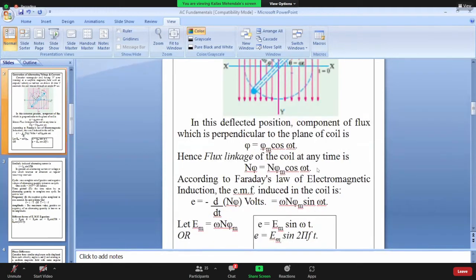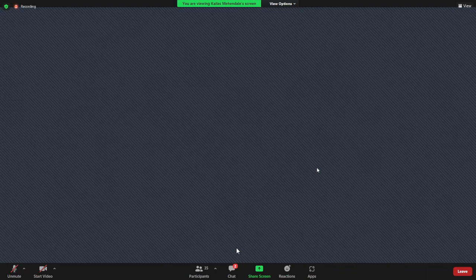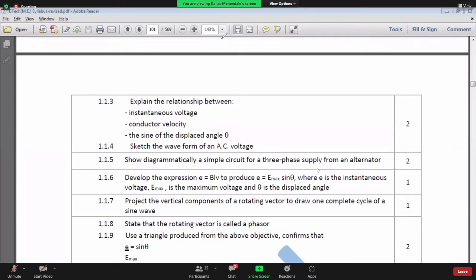Okay, I will see what I can do about it, because this derivation is also important, since it has been stated in the syllabus that we have to do this derivation.